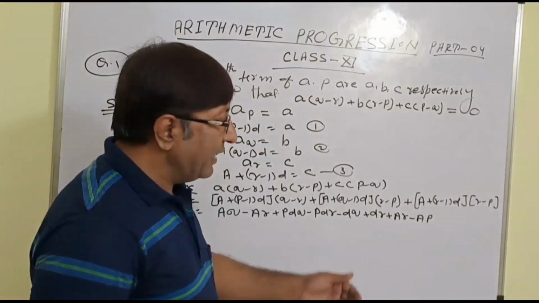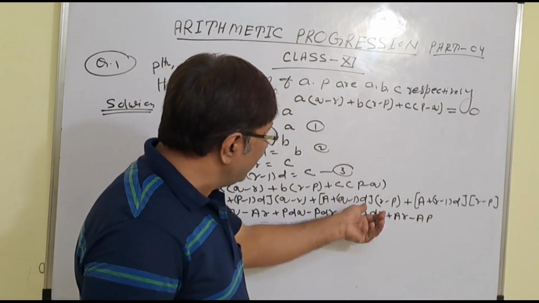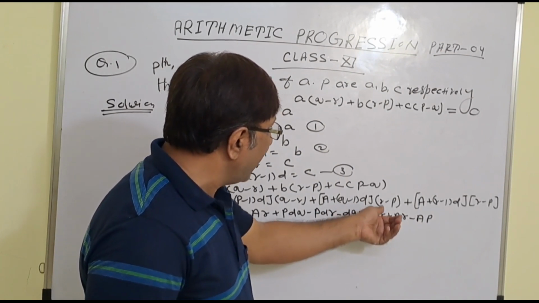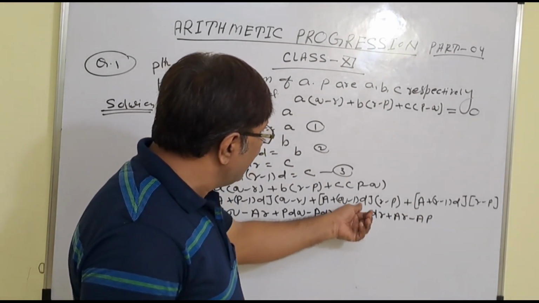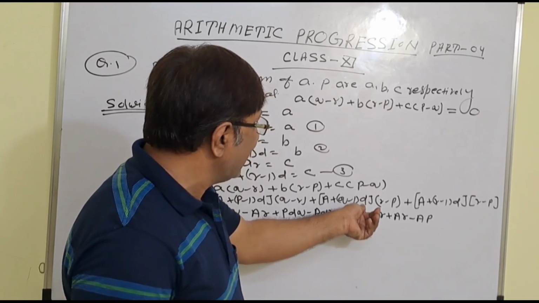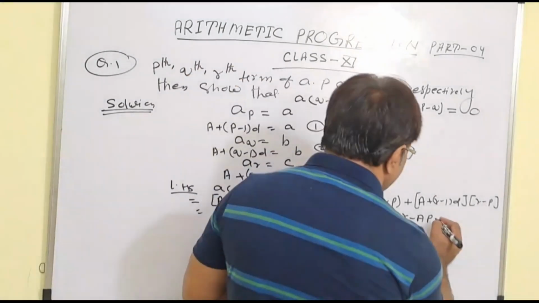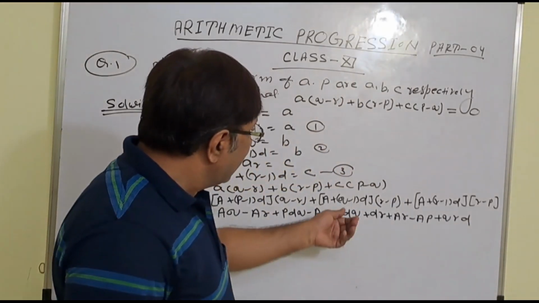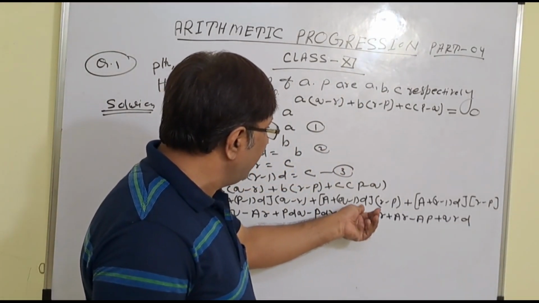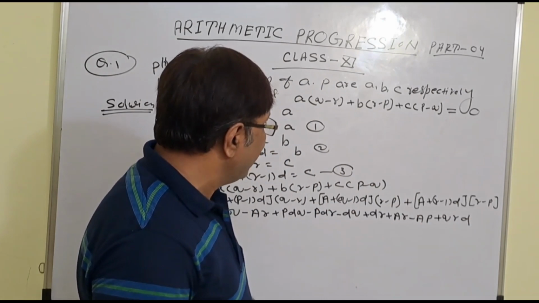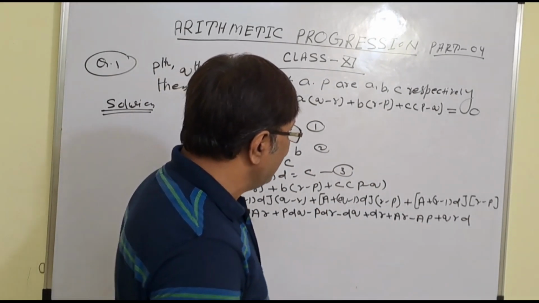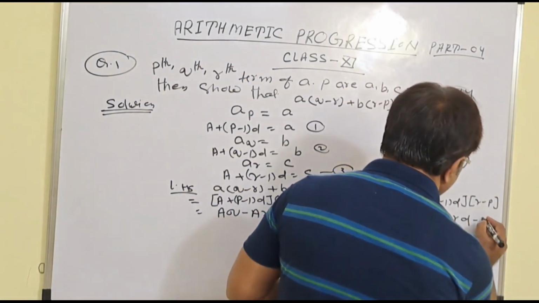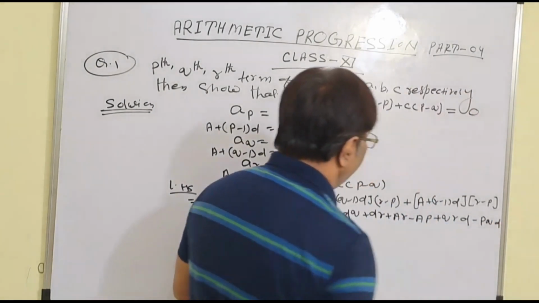In the same way, here (Q minus 1) into D, multiplying: QD times R gives QRD. Again QD multiplied by minus P gives minus PQD.